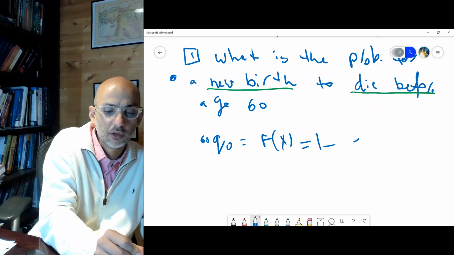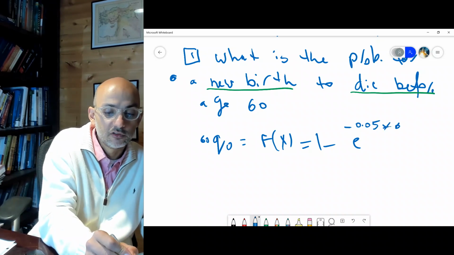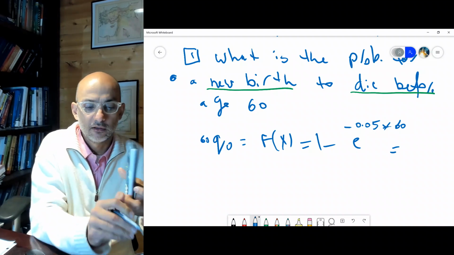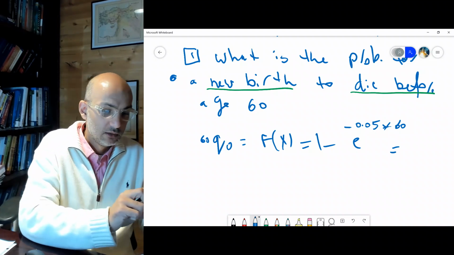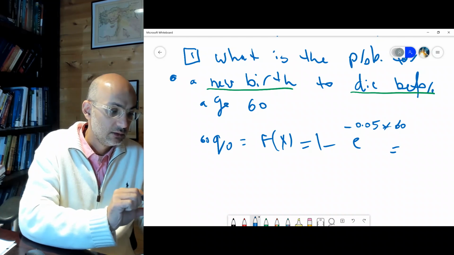So F of x is 1 minus e to the minus mu, which is 0.05, multiplied by x, which is 60. I always use the same calculator, just get used to it. So we have e to the minus 0.05 multiplied by 60.